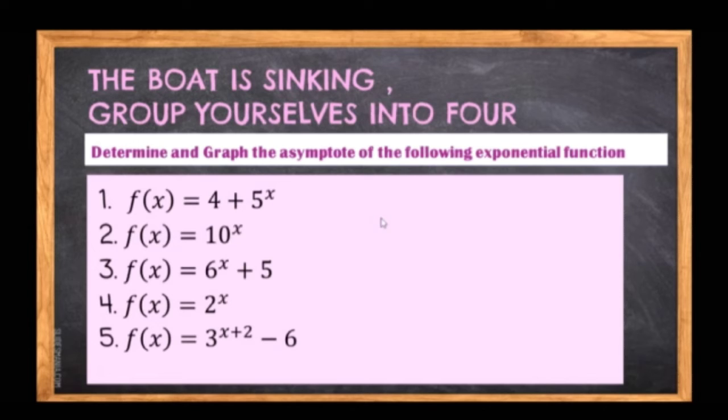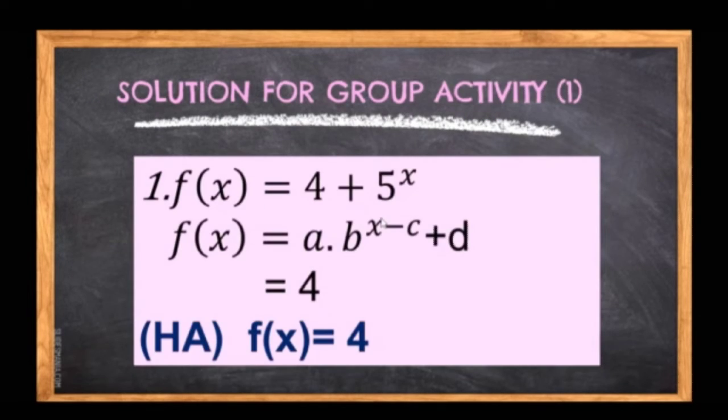Okay, it seems that all of you already answered this. We're going to check it now. Solution for group activity number 1: f of x is equal to 4 plus 5 raised to x. Our formula for the horizontal asymptote is f of x is equal to a times b raised to x minus c plus d, where d is the horizontal asymptote.